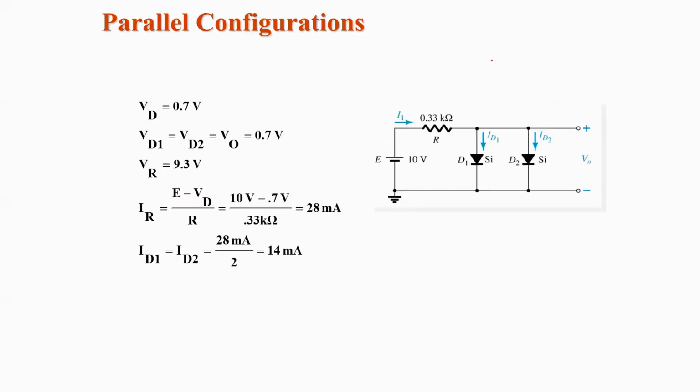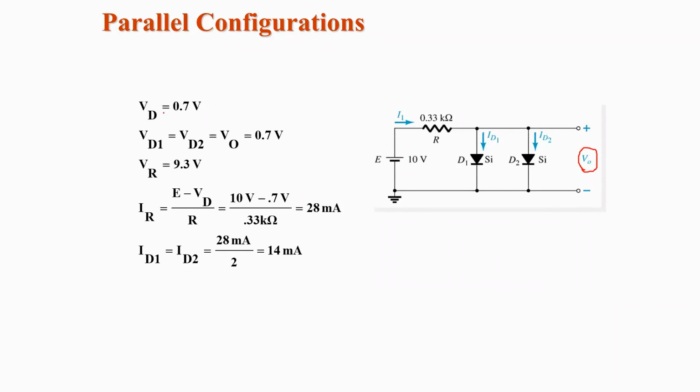Now coming towards parallel configurations. Here you can see this is your battery, this is your resistance, and these are two diodes in parallel. And we want to find what is the voltage at this particular point. We know that when components are in parallel, the voltage is the same across them. So let's find out what the voltage is.